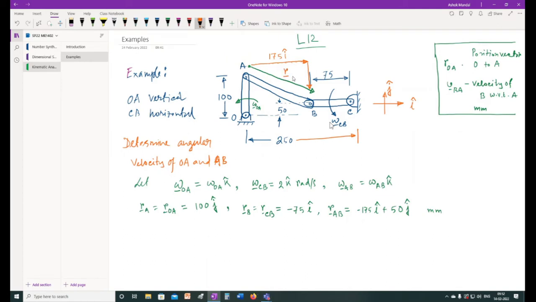If I call it R BA, then the vector is this one, right? Then this is R BA. Is it fine now?